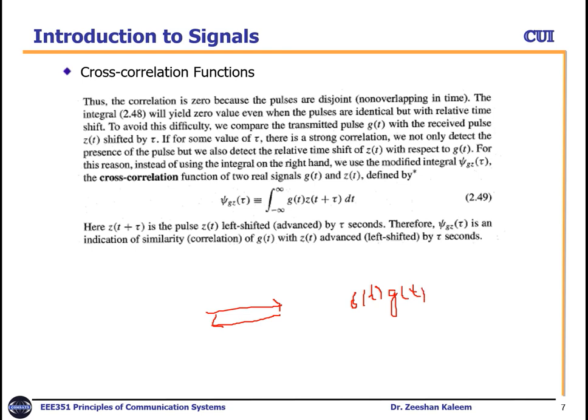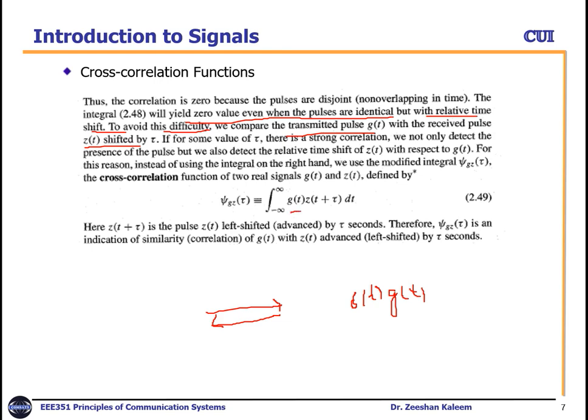So it doesn't mean that the target is not present. The integral in the last slide will yield a 0 value even when the pulses are identical, but with a relative time shift. Because there is a time shift, we don't say that there is no target present, but there was a time shift. To avoid this difficulty, we compare the transmitted pulse with the received pulse shifted by t.